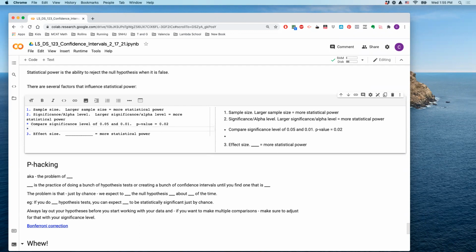So remember the significance level tells us the type 1 error. The bigger the significance level, the more powerful the test, but the more likely you are to make a type 1 error. So the more powerful the test, the more likely you are to make a type 1 error.